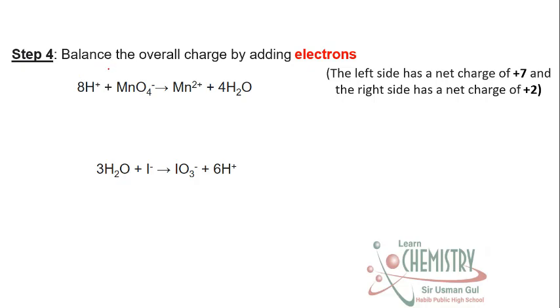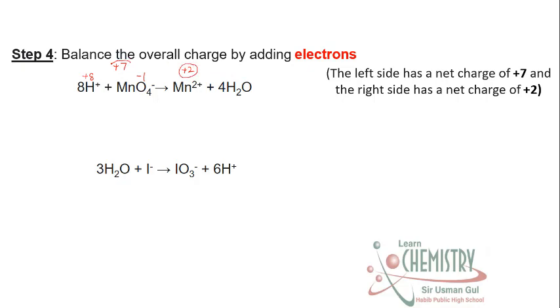How is it +7? Let me show you. There are 8H+, so the charge will be 8+. Only a minus sign is there, so the charge will be minus, so the net charge will become +7. On the right hand side it is written 2+, so the charge will be 2+. No charge on a water molecule, so the net charge will be 2+.